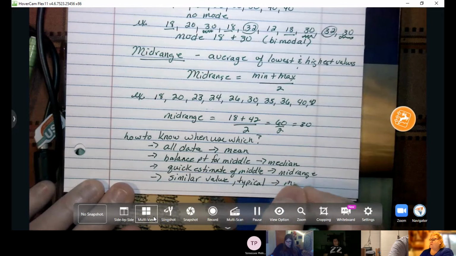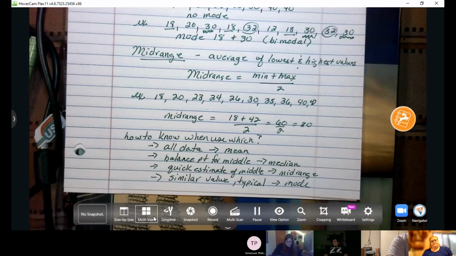You would use the mode. So depending on what you're trying to find out, you would choose the measurement to find that information. Just because you want to find the middle does not mean you always find the mean or you always find the median. It may involve thinking about other things about that calculation.